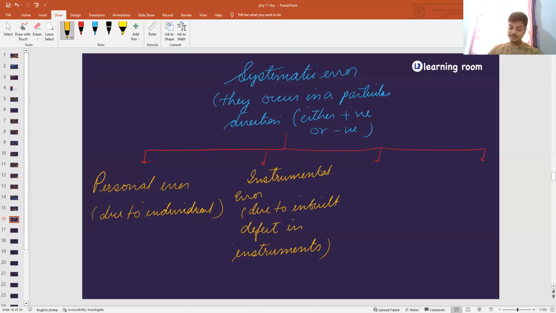And the third one, imperfections in experimental technique. You are taking the reading incorrectly.